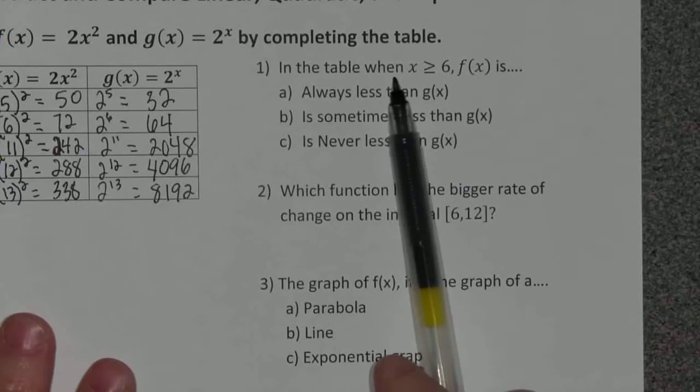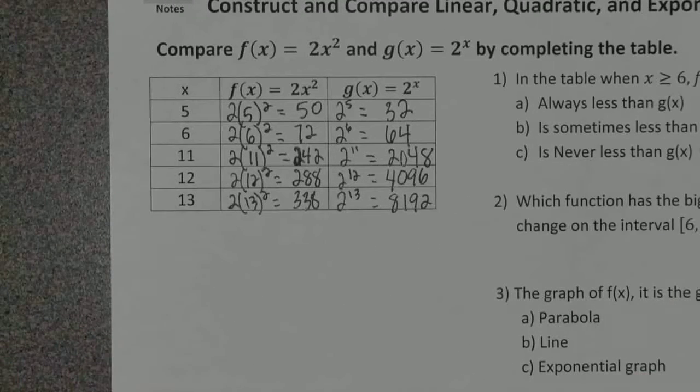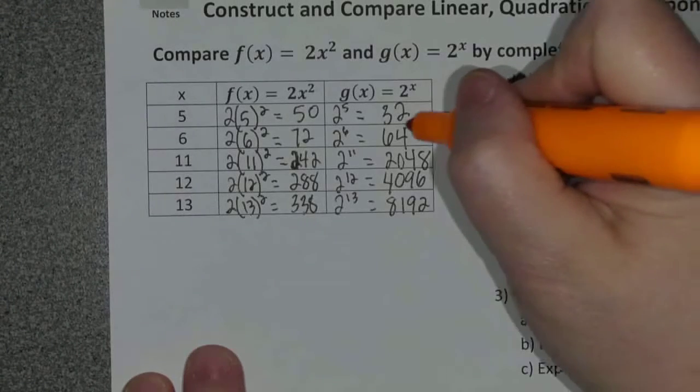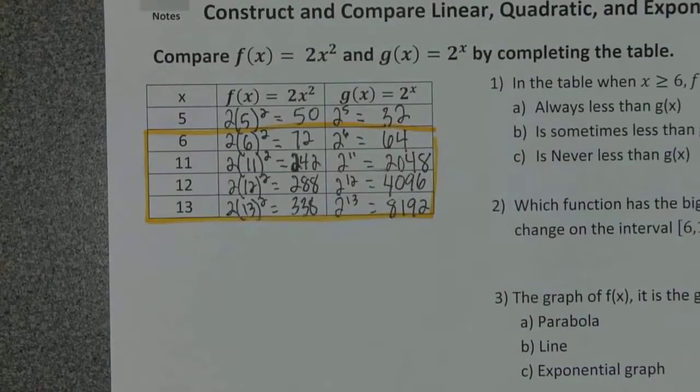So it says in the table when x is greater than or equal to 6. So we're going to look in the table where x is greater than or equal to 6. So those are my only table values that are greater than or equal to 6. Do you guys agree with me on that?